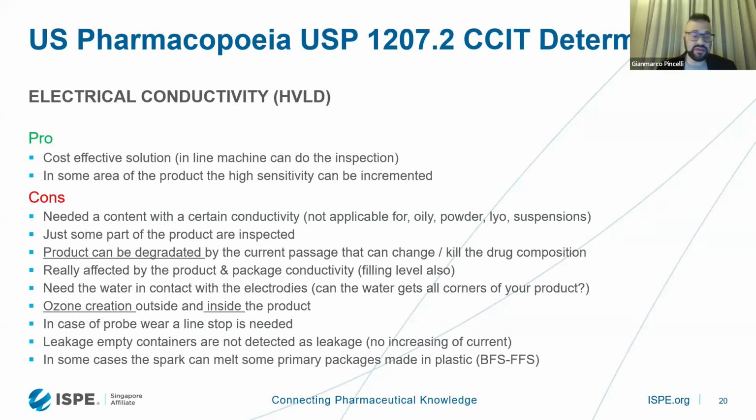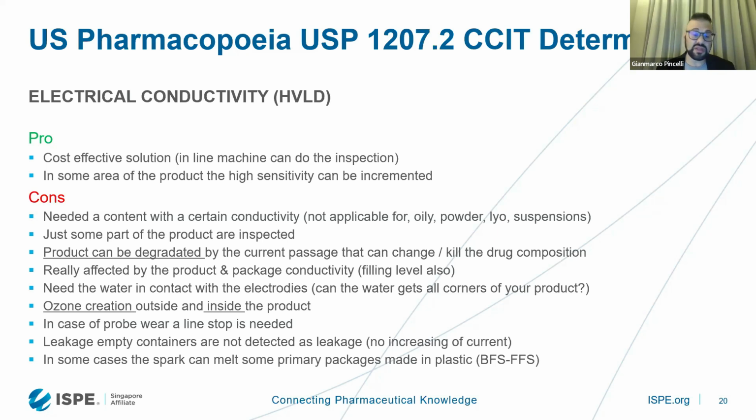Then, for example, if you have some plastic container like blow-fill-seal, in some points this plastic is prone to melting easily. The HVLD can melt this type of plastic in a certain point of the container where the thickness of the plastic is not so large. In the corner, for example, if the light strikes there, you can make some porosity on the product.